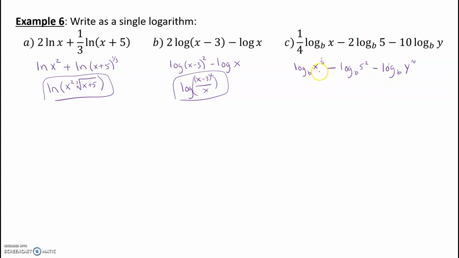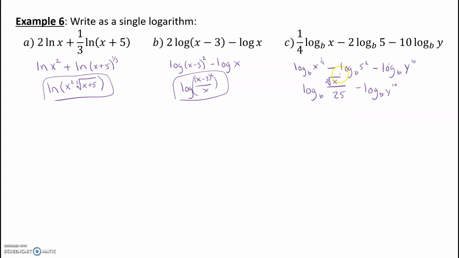So here, let's see. How about we do the subtraction? So we'll change this to division real quick. So log base b of the 4th root of x over 5 squared is 25, minus log base b of y to the 10th.